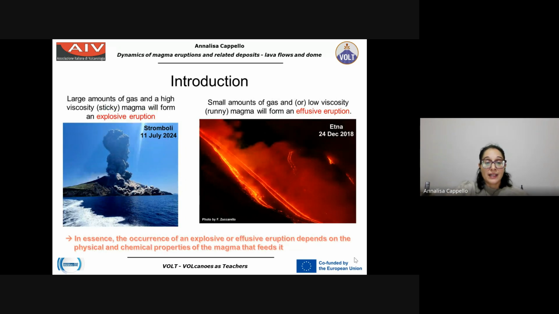Depending on the lava chemistry, especially the amounts of silica and dissolved gas, volcanic eruptions can be divided into explosive and effusive. So if a lot of gas is trapped in the magma, the pressure will build until the magma erupts explosively from the volcano.